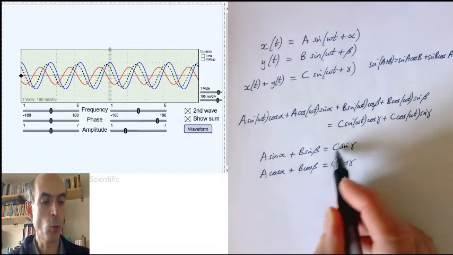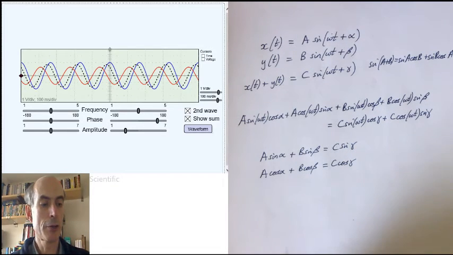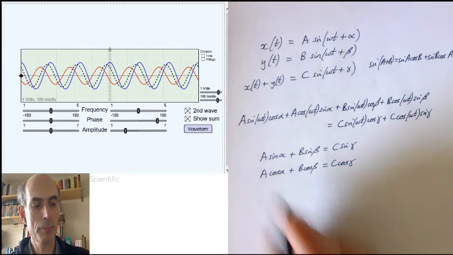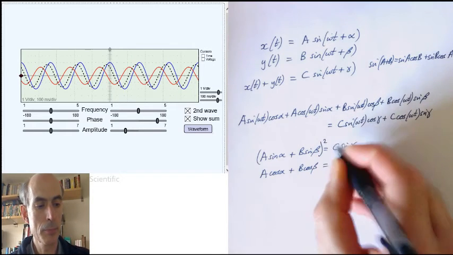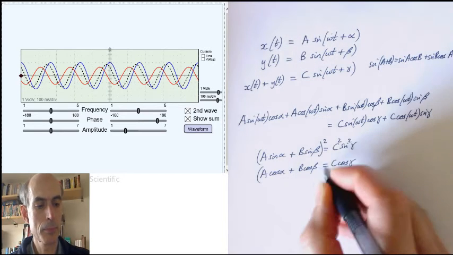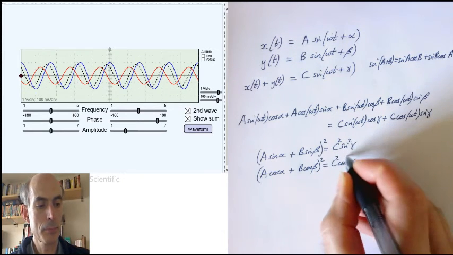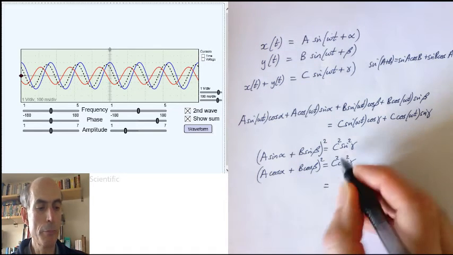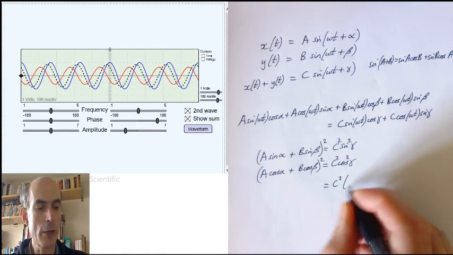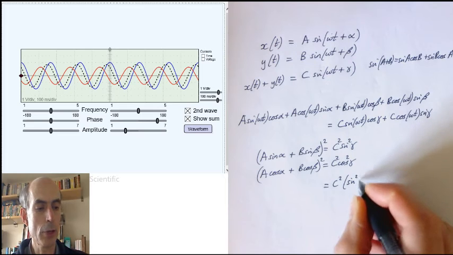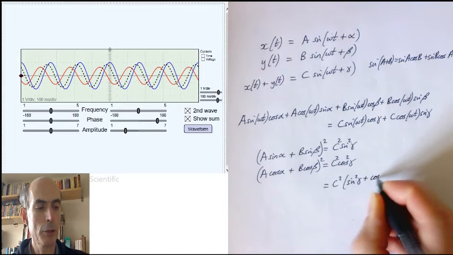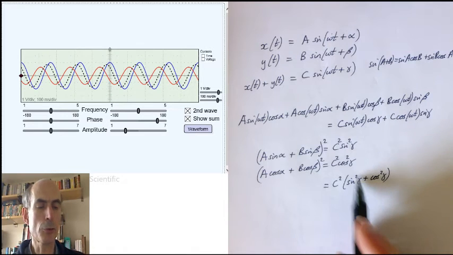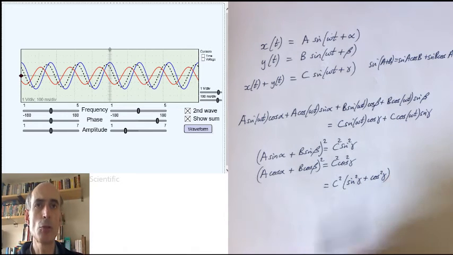Now if I want to know what C is, I can proceed by squaring both of these equations and adding them up. And that would give me on this side C squared times sine squared gamma plus cosine squared gamma. Now, sine squared gamma plus cosine squared gamma is 1.